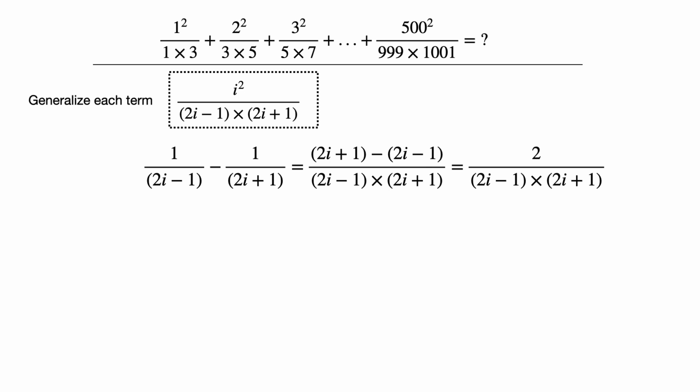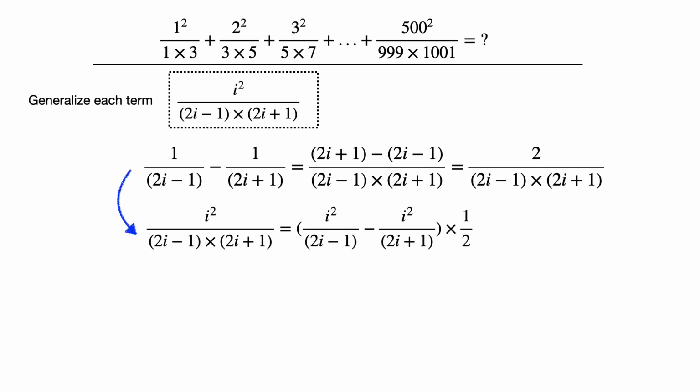If we do a little math, we will find out it equals 2 over 2I minus 1 times 2I plus 1. So this is very close to the generalized term from the original summation problem.